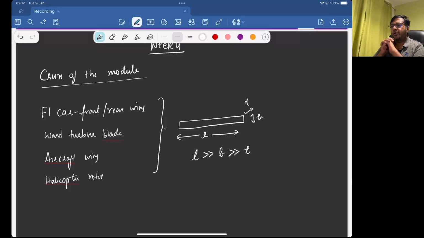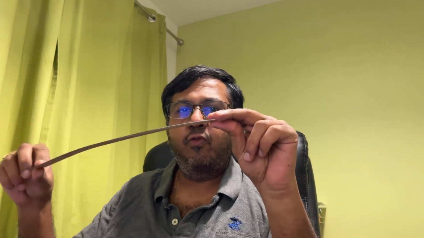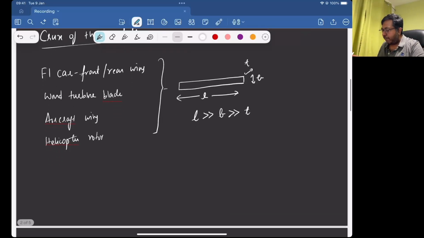All of these structures, if you have thought about it, they kind of move. For example, if you think of an aircraft wing, it is fixed at one end, while the other end, as you fly through, is kind of moving. What we are trying to understand in this entire module is how we can characterize and write this motion, which is a periodic motion, in a mathematical format.